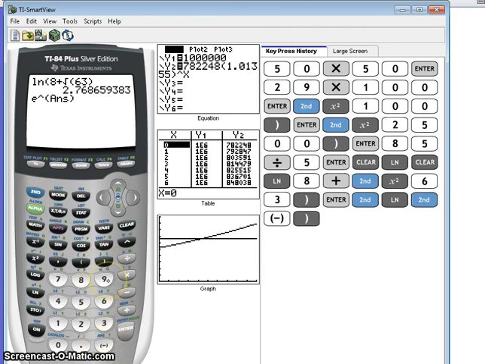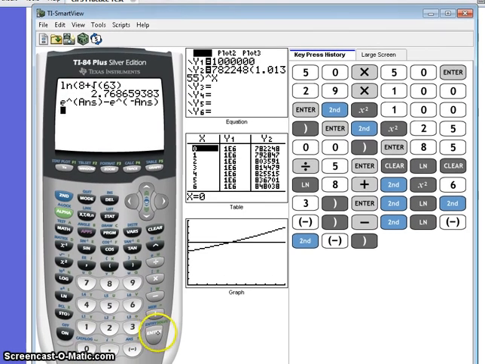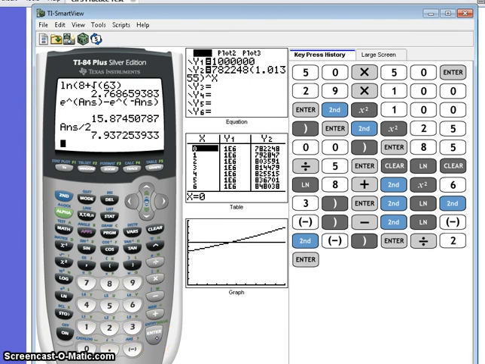We have e to the x, and then minus e to the negative x, and that's divided by 2. So let's go ahead and hit enter, and then divided by 2, and something's not coming out right here.